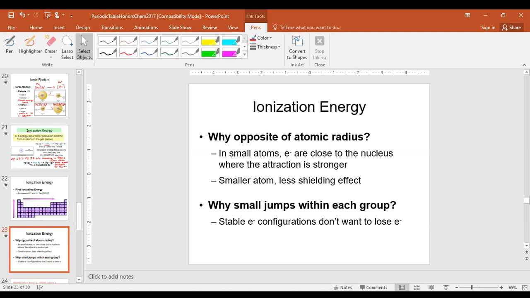So we have less of a shielding effect, and we'll go over what shielding effect is. There are also some situations where we have very stable configurations where we don't want to lose an electron, and we will see some jumps in some cases because of those very stable configurations.